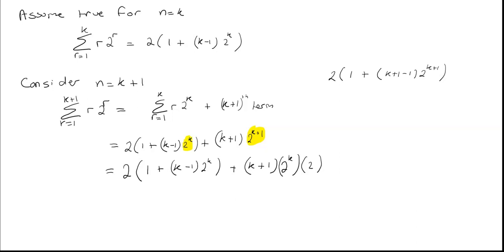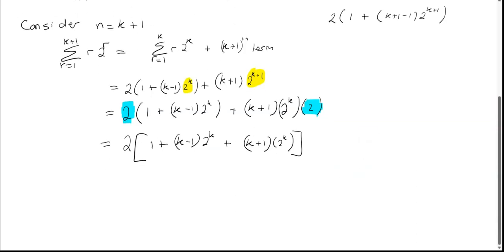Now I can see that there's a 2 times here and a 2 times here, so I'm going to factorize that, similar to what we were doing in our series question in question number 1. So factorize that out, big square bracket. Now I've got the 1 plus k minus 1 times 2 to the k plus k plus 1 times 2 to the k.